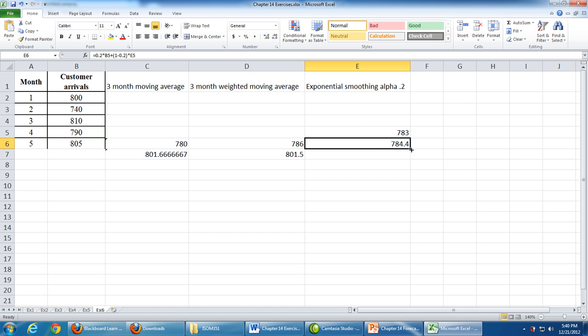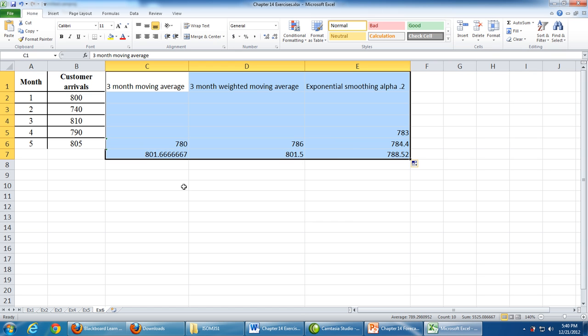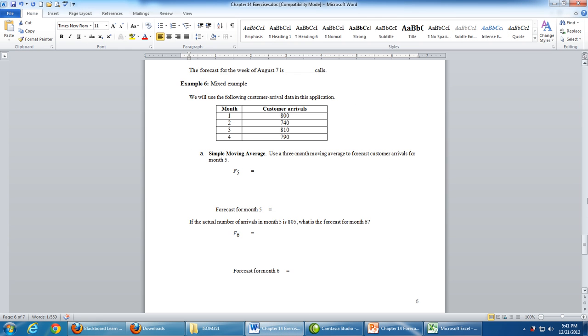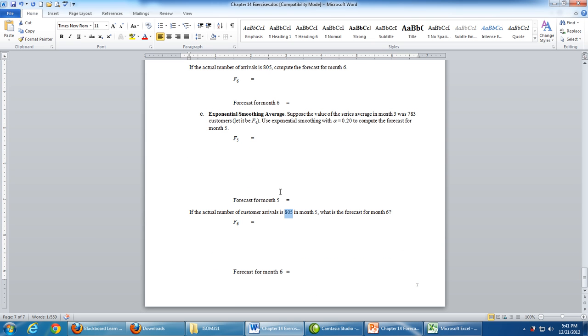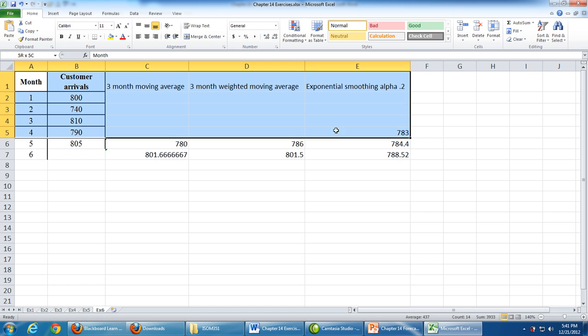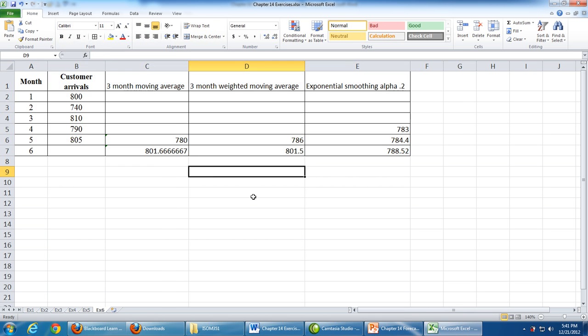Okay, and then we drag it down. We should be able to fill in all that information. I think that's all the information needed. Format a little bit.